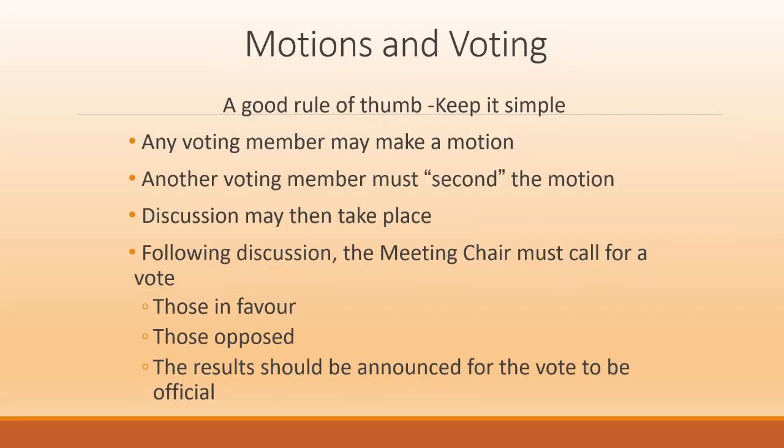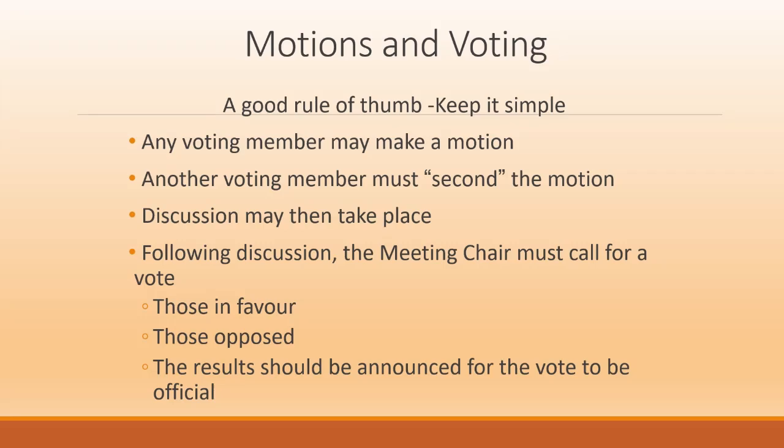Now, what about making motions and conducting a vote? A good rule of thumb is keep it simple. Any voting member may make a motion. Another thing you need to keep in mind is a voting member must also second the motion before it can ever be discussed.